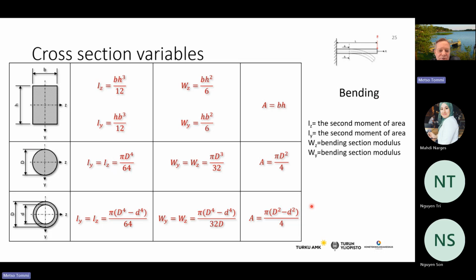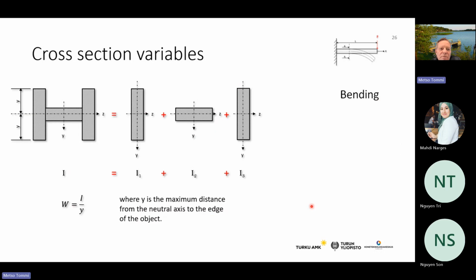Cross-section values are something that we need also in bending, and there are different kinds of methods that we can use when we are calculating those cross-section values.